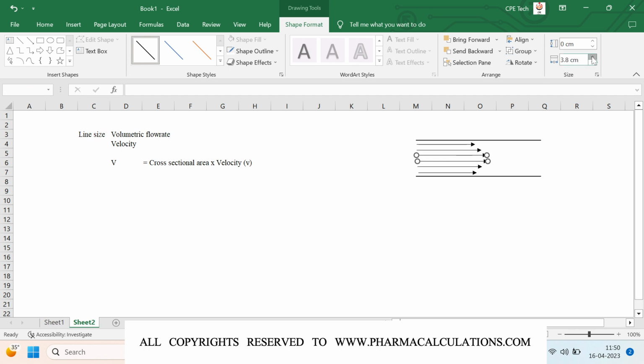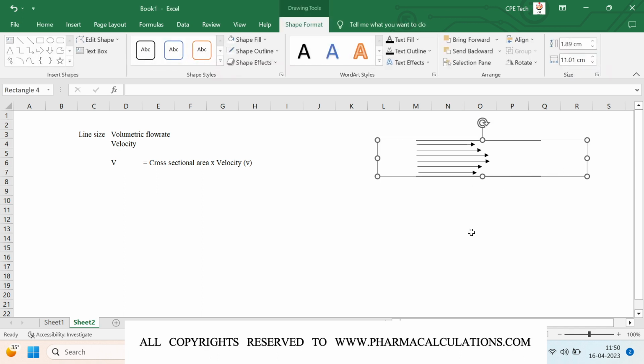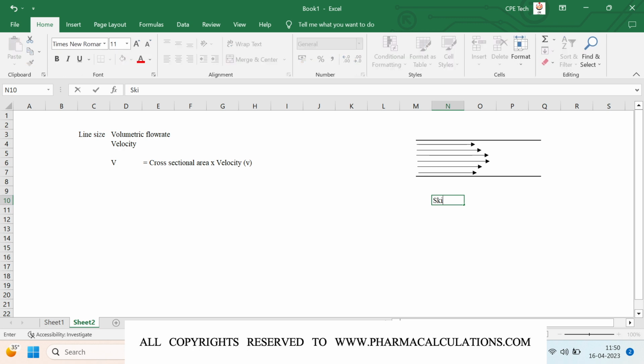These arrows indicate the flowing of layers inside the tube, and the surface of this tube is nothing but a skin. The flow stream flowing over the tube surface is going to have certain resistance offered by the skin, and this is nothing but skin friction.